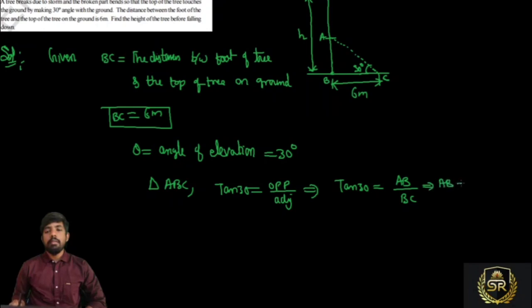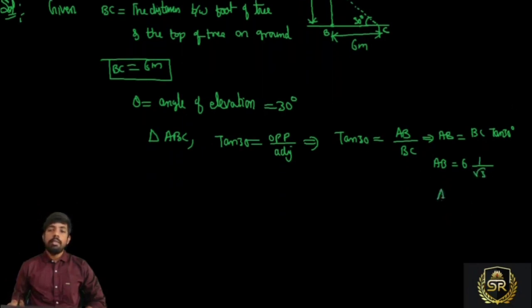So AB is equal to BC into tan 30. BC is 6, so 6 into tan 30. Tan 30 value is 1 by root 3. So AB is equal to 6 by root 3.